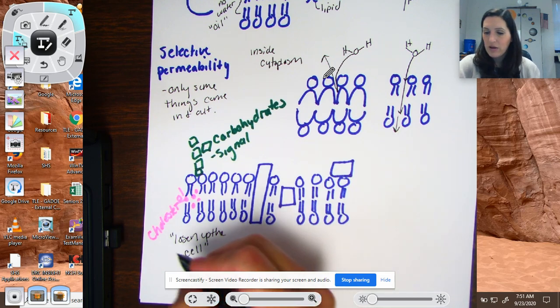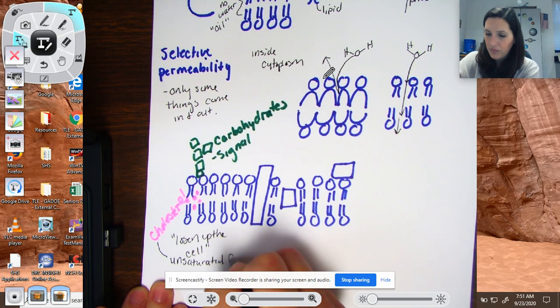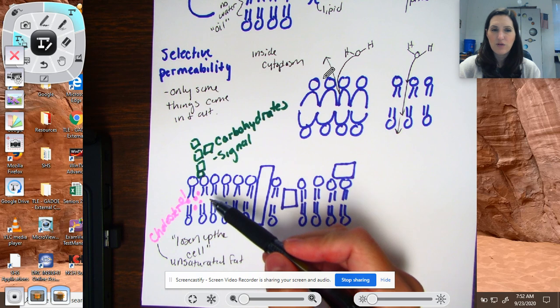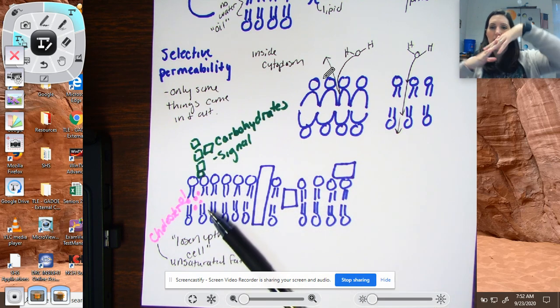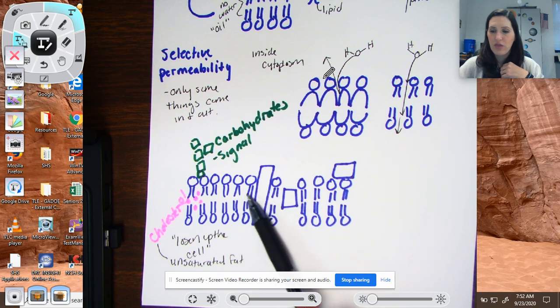And what we want is the good cholesterol, which is unsaturated: fats from avocados, fish, nuts, olive oil, those kind of good fats. Being a fat, it loosens it up. In here, it keeps the tails from sticking too close together, and it allows everything to be very fluid inside that cell membrane. The membrane is supposed to be like oil on water. It's supposed to be that fluid and moving. So the good cholesterol comes in here and helps create this loose structure.